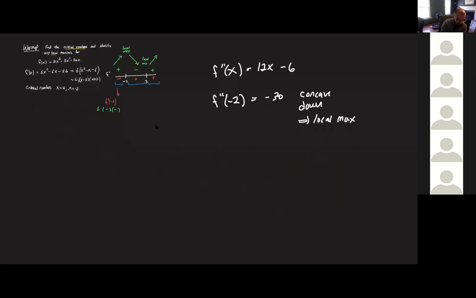And then if I also look at f double prime of 3, if I plug this in, I get +30, which means it's concave up, which tells me that we have a local min by the second derivative test. And that matches up with what we saw before. Local min right here.